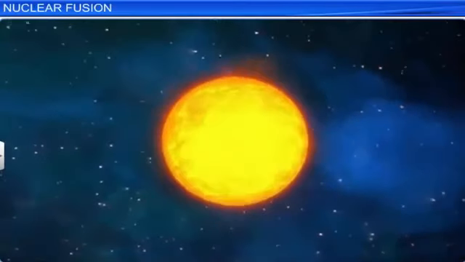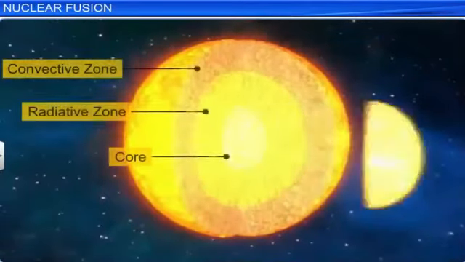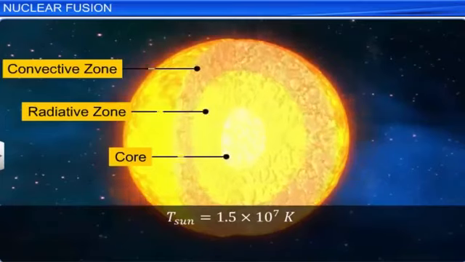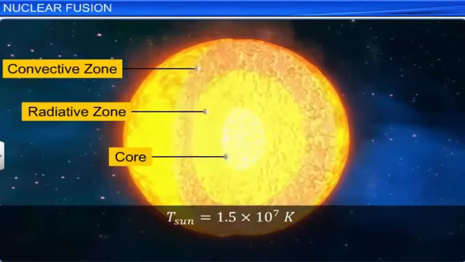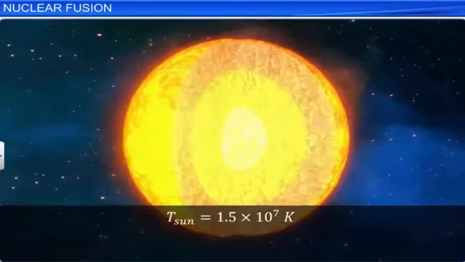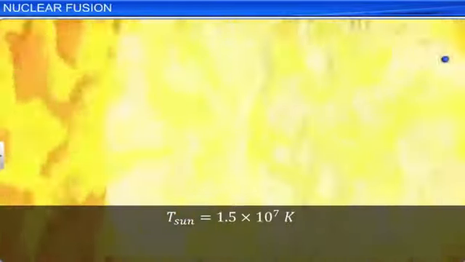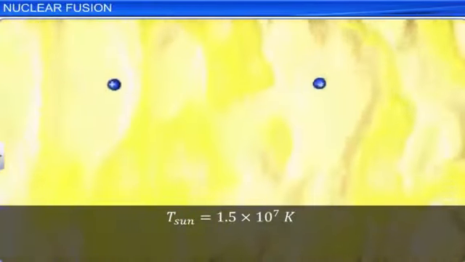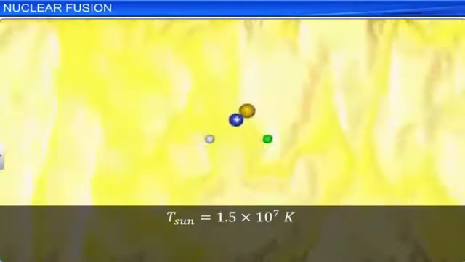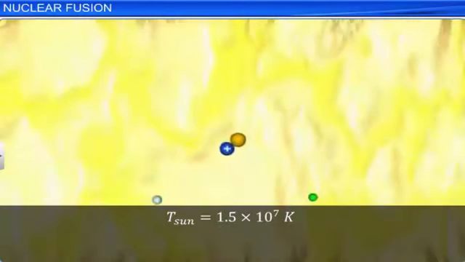Let us now consider the Sun's core, which is at a temperature of about 1.5 × 10^7 Kelvin. But it is observed that protons fuse together in the Sun, even though the temperature is 100 times lesser than what is required for the protons to fuse.